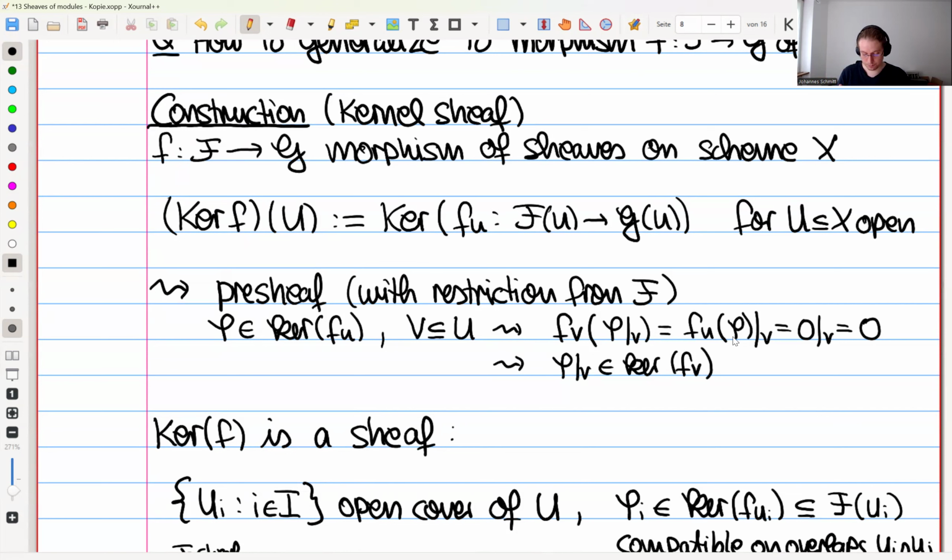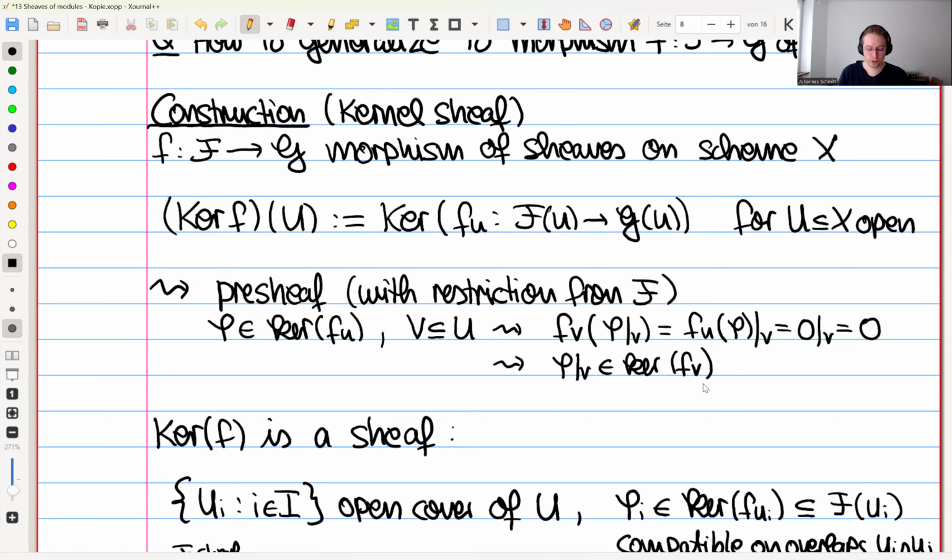This gives the same thing. But phi was in the kernel of F_U, so this thing is just 0. And then we use that the restriction operation is a morphism of modules in the sense that we discussed before, so it must send 0 to 0. Okay, so this thing is 0, and so indeed phi restricted to V is in the kernel as desired.